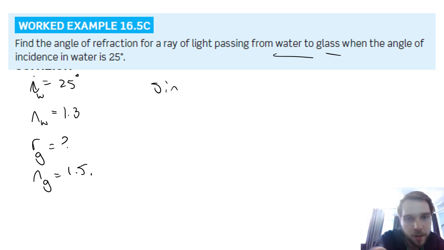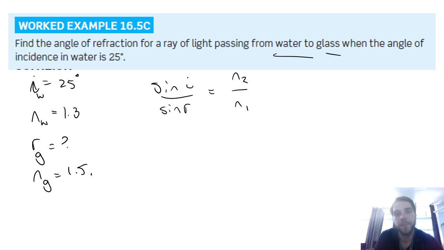We're going to write out our formula. Sine of i divided by sine of r is equal to n2 over n1. Now, I mentioned yesterday that normally we have all of the incidence first. And so you remember I can't go back, unfortunately. You've got incident on the top, you've got v1 on the top, lambda 1 on the top, and then we have n2.